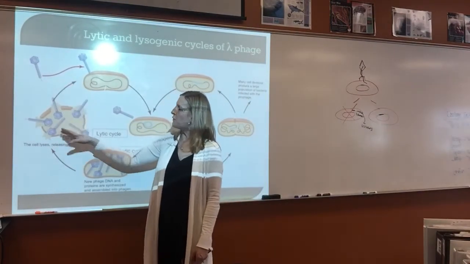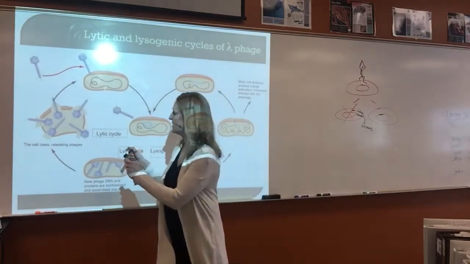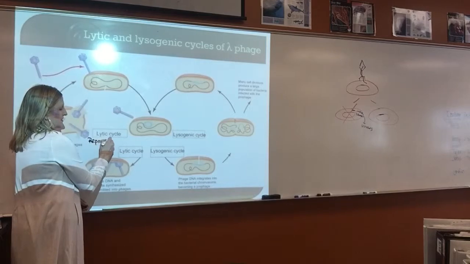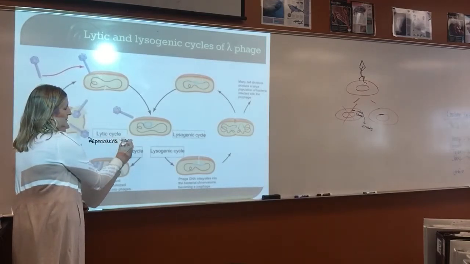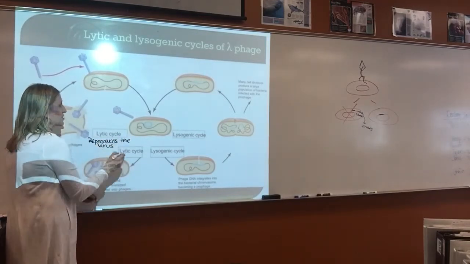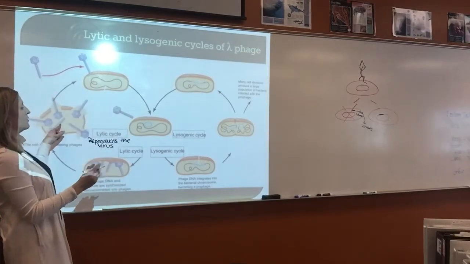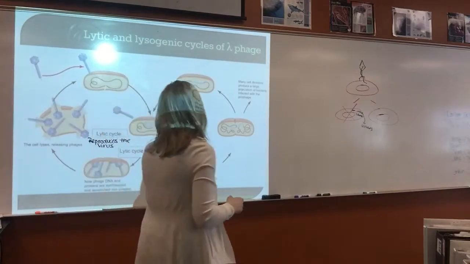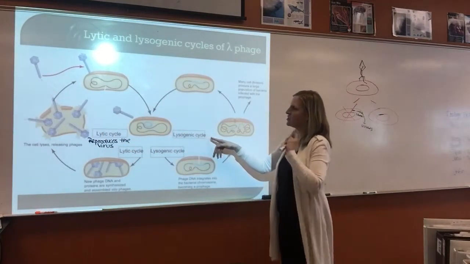And so therefore this cycle, we could say, reproduces the virus, because you've gone from one to now the cell lyses, and you've got many that can go and infect other cells. But let's look at the lysogenic cycle.